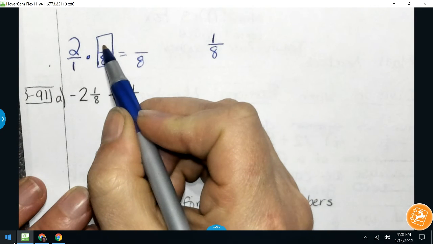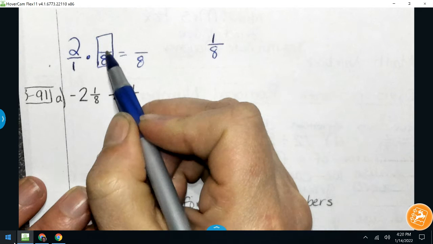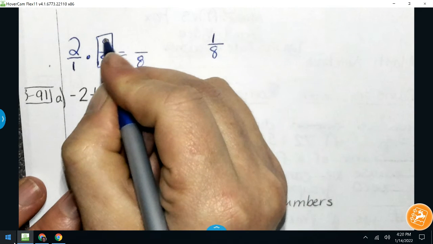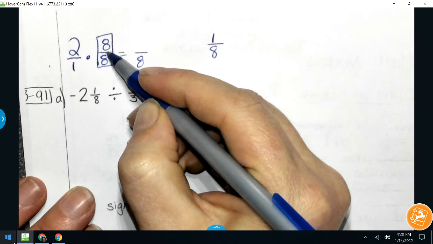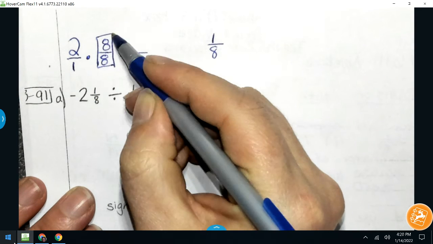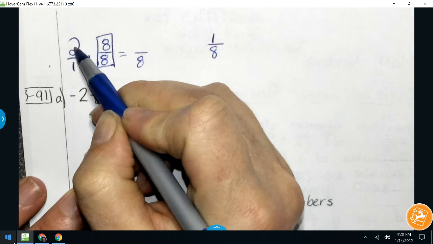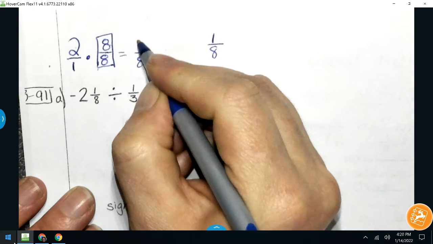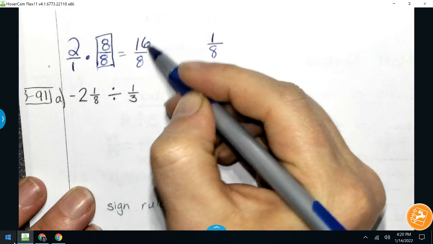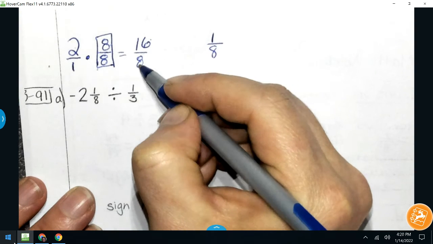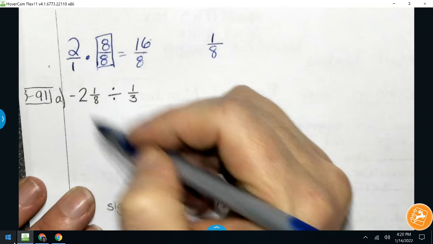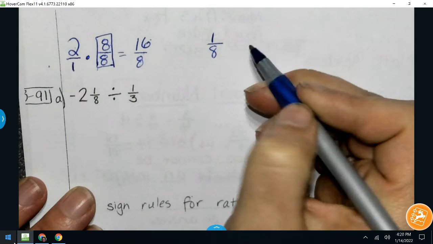Up here, the number that needs to be here, they have to match, remember? So it's going to be 8, because 8 divided by 8 is a giant 1. Now we have 2 times 8 is 16. So 16 over 8, or 16 divided by 8, is 2, so that's good because they need to be equivalent.